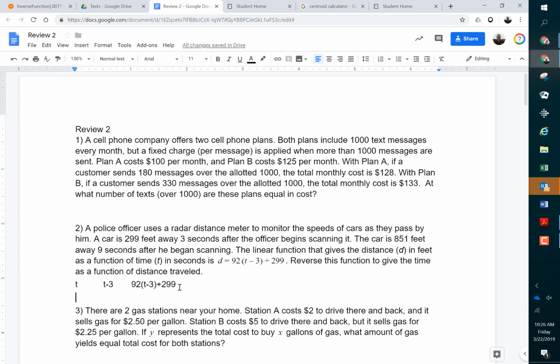So we're going to start with d. And from that we're going to subtract 299, and then we're going to divide by 92, parentheses d minus 299 divided by 92. And then we're going to add 3.